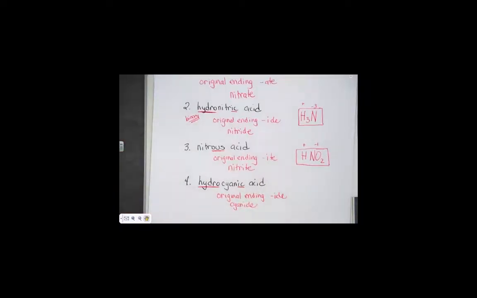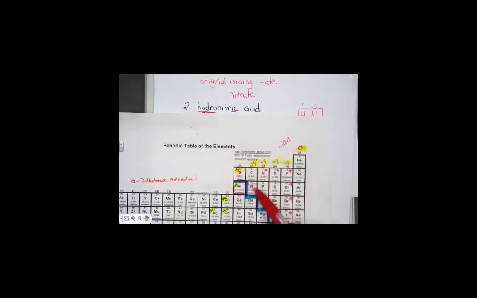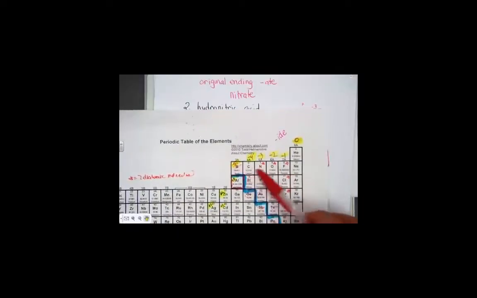Cyanide. Now most of the time IDEs are indeed binary acids. But when I start finding the element called cyanide, it doesn't exist over here. That's one of those rule breakers on the polyatomic. Remember hearing cyanide? It's a polyatomic ion that ends in IDE. Its formula is CN -1.